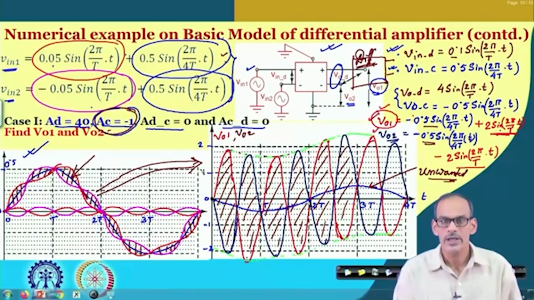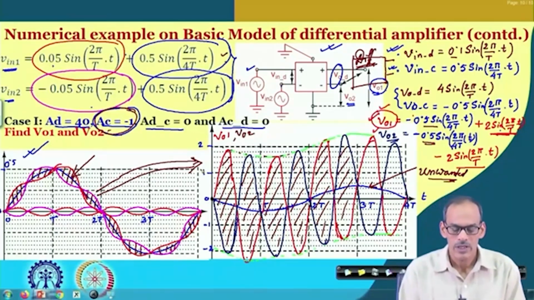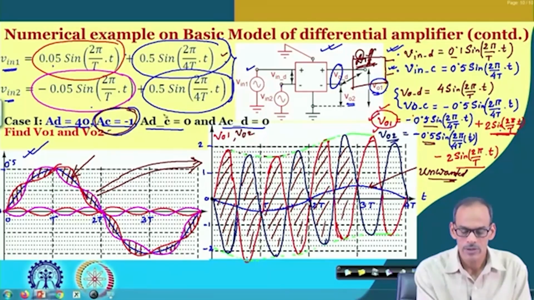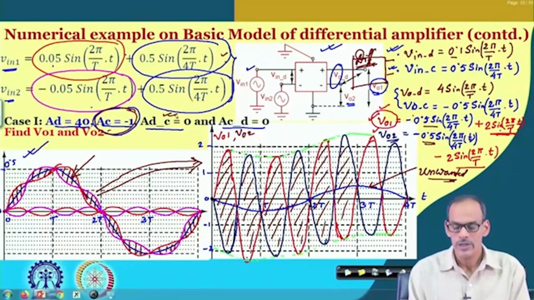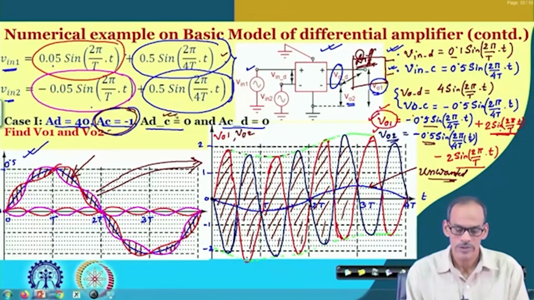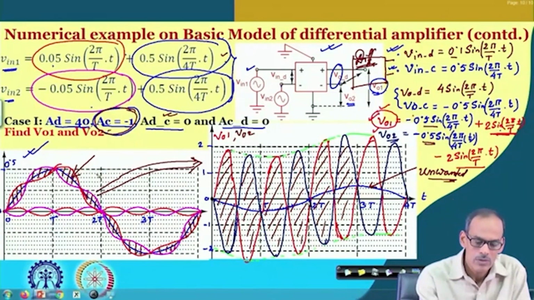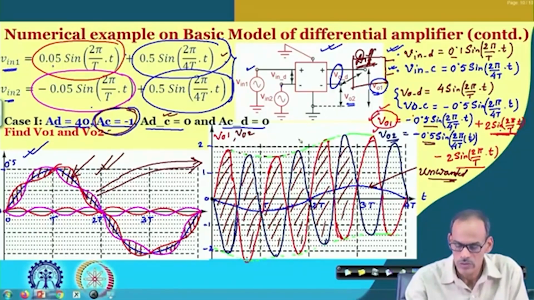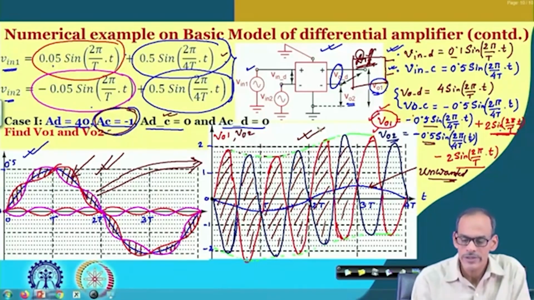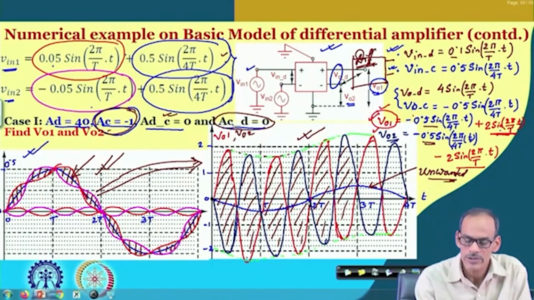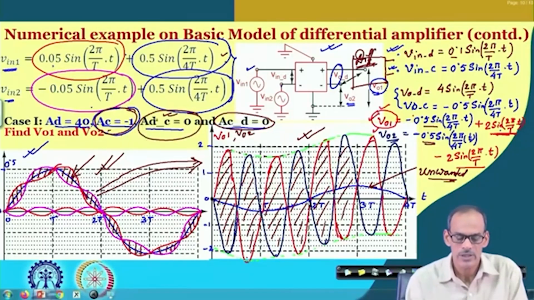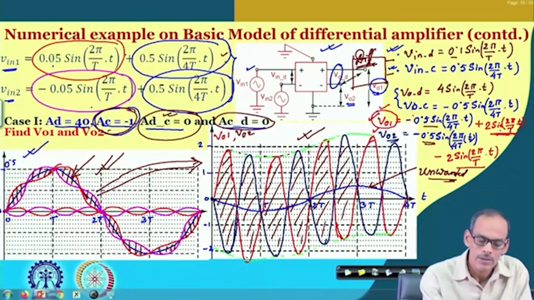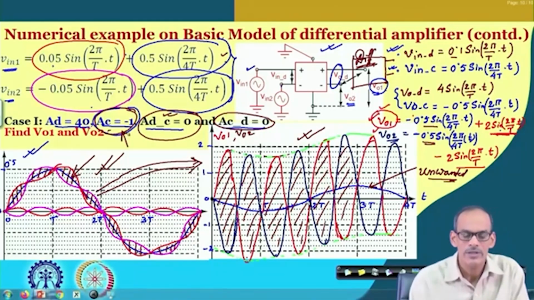Now, let us consider a case where the other two parameters may be non-zero, and then we can try to see what the corresponding consequences will be. This plot will not be repeated, but we will make a sketch of the corresponding output. If I consider other performance parameters to be non-zero, we can keep this part equal to 0.